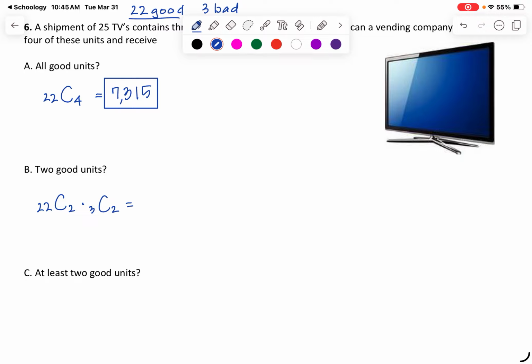That is 22 choose 2, and 3 choose 2. That gives 693.